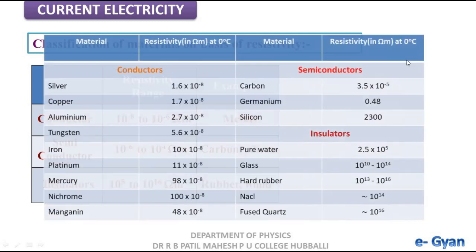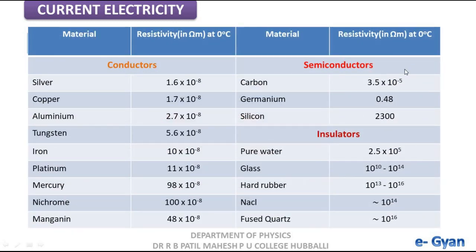Okay, we have another table in which there are some conductors, semiconductors and insulators, and the values of resistivity of those materials are given for a temperature equal to 0 degree Celsius. For conductors like silver, it is 1.6 into 10 to the power of minus 8 ohm meter. For copper, it is 1.7 into 10 to the power of minus 8 ohm meter.